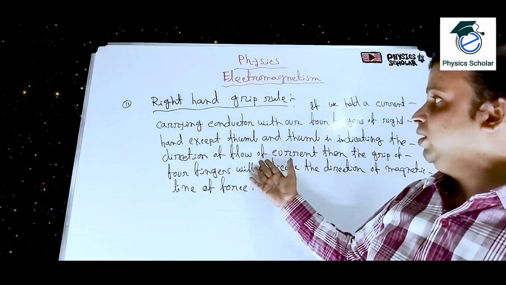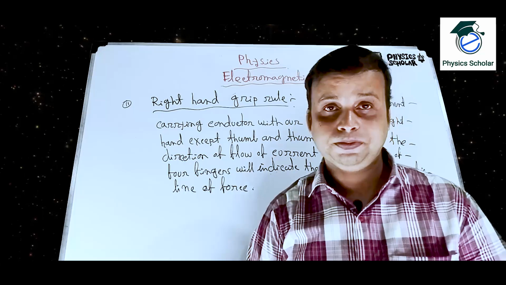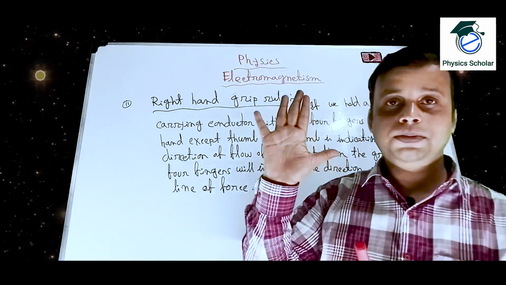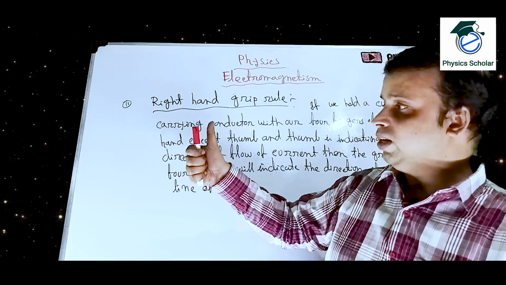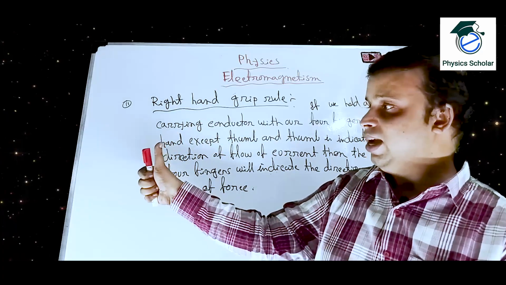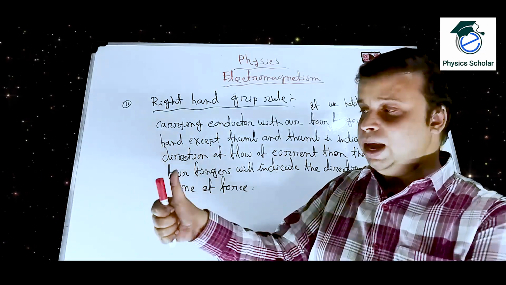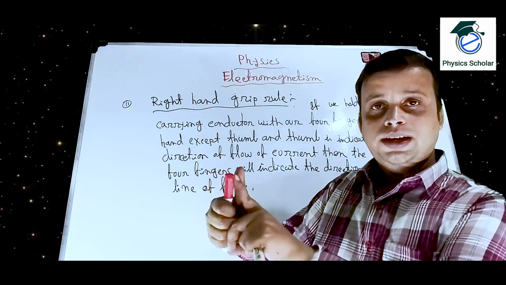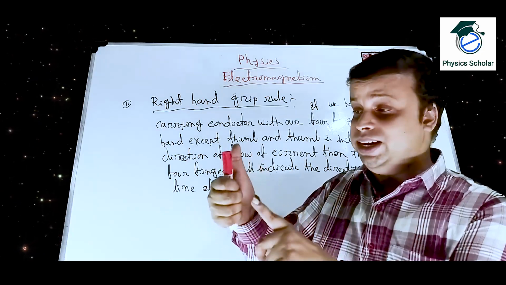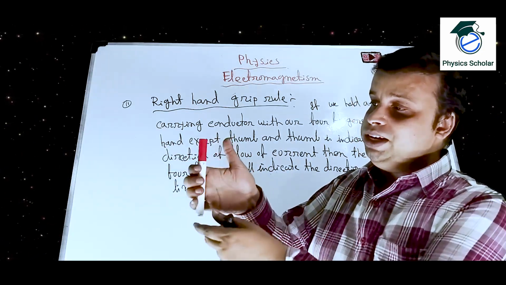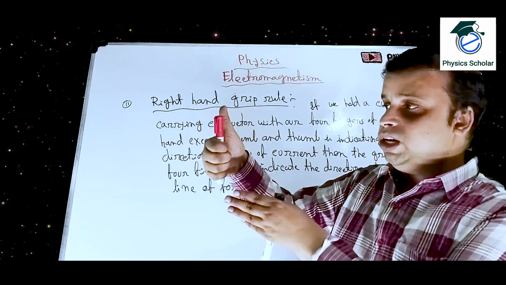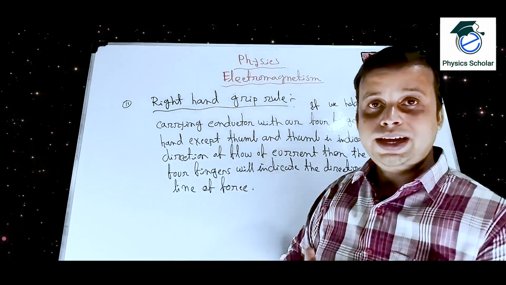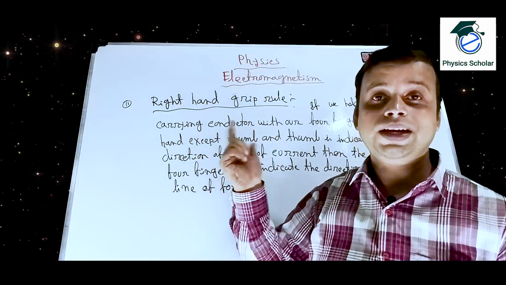Again I am explaining. This is the right hand, these are the four fingers, and if we hold a current carrying conductor like this, and the thumb is indicating the direction of flow of electric current, then the direction of the grip of the four fingers will indicate the direction of the magnetic line of force.